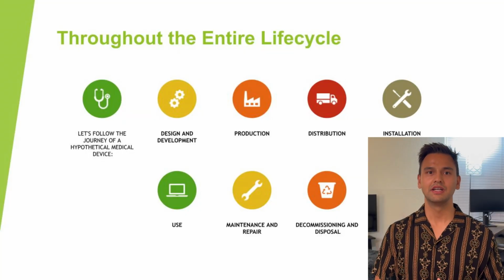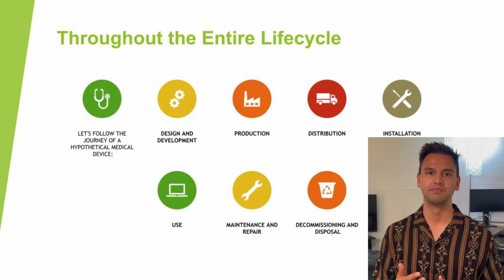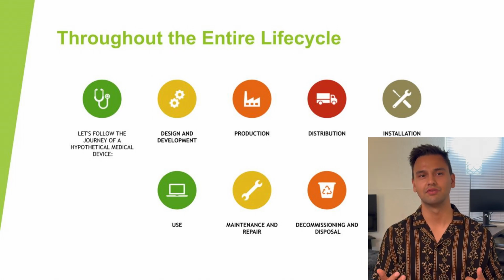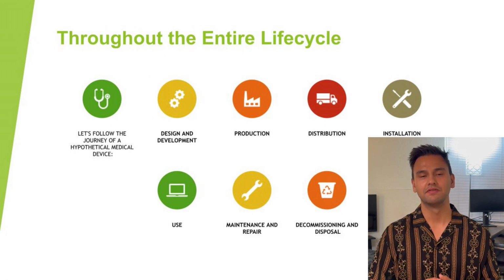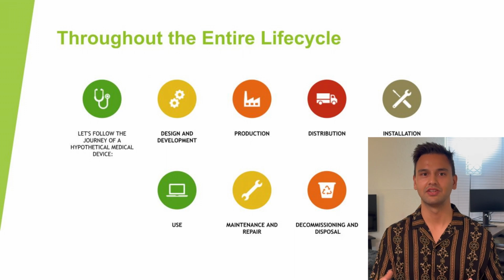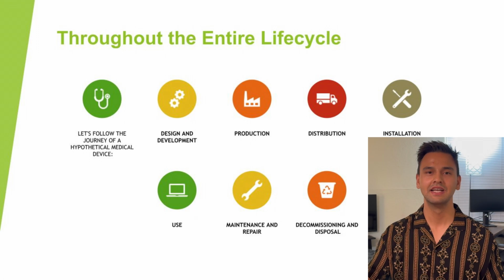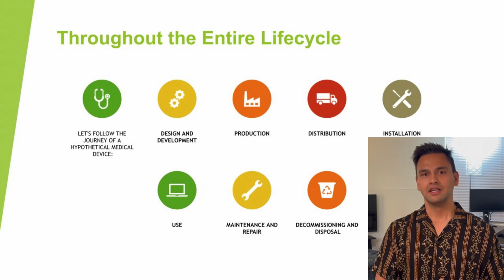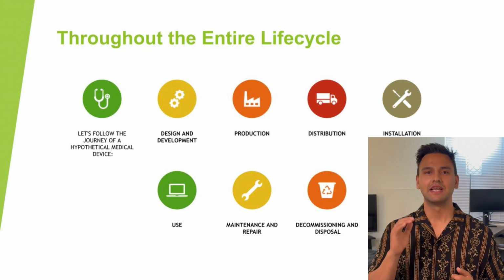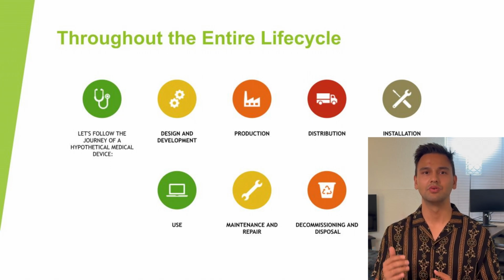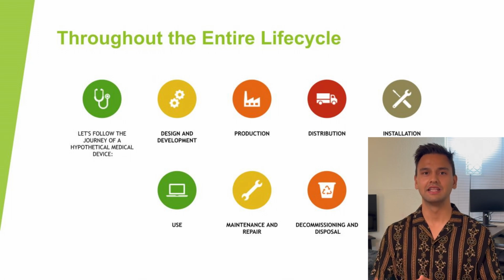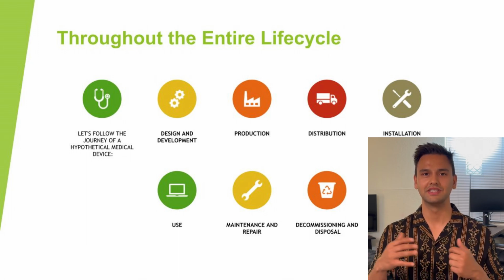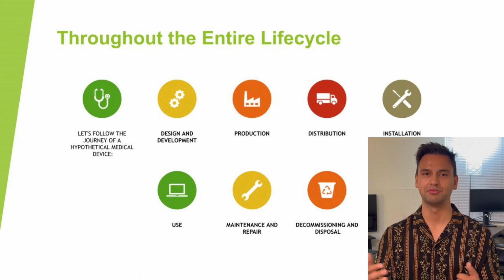For example, here are some specific examples of how ISO 14971 can be applied to each of these medical device life cycle phases. So let's look at the first one, which is design and development. That's the first phase of a medical device, designing and developing it. During this phase, manufacturers can use risk analysis techniques to identify potential hazards and risks associated with their medical device, and then they can use this information to design the device to be as safe as possible, right?